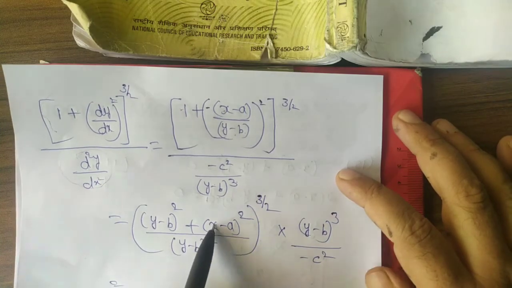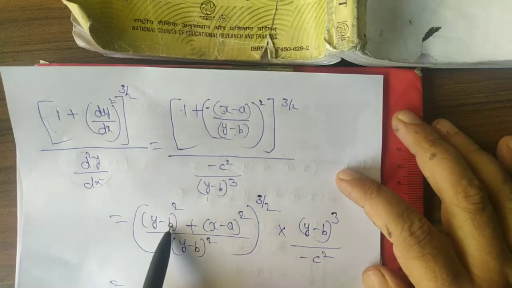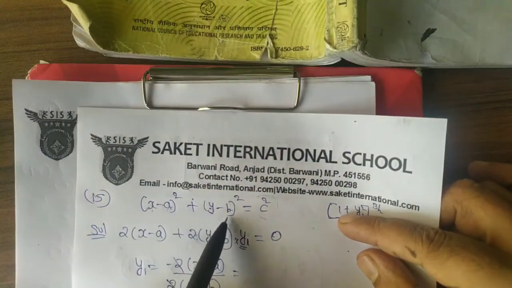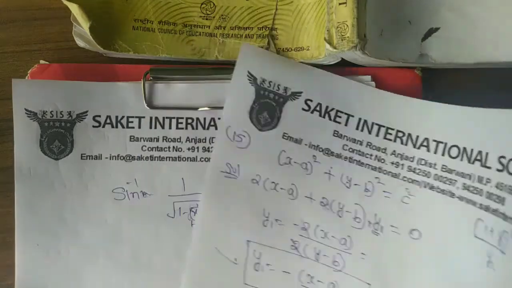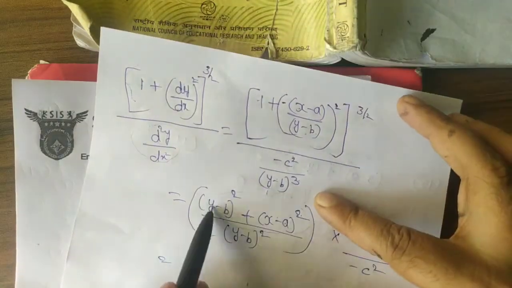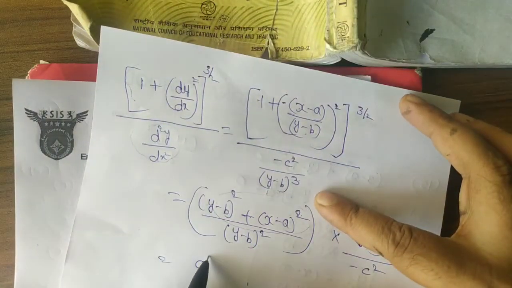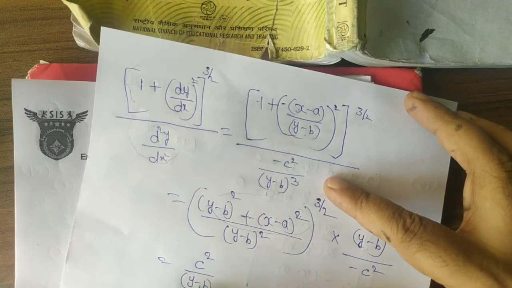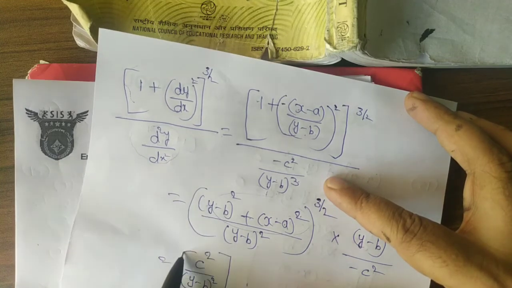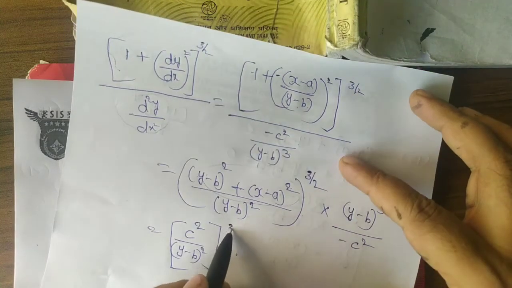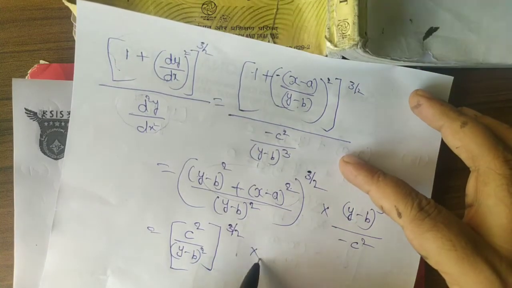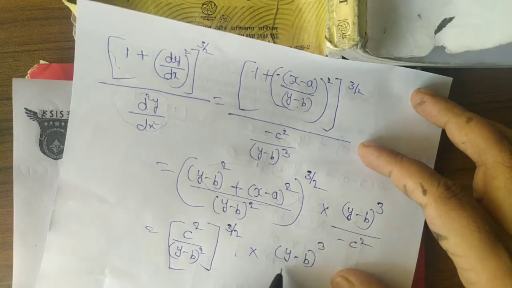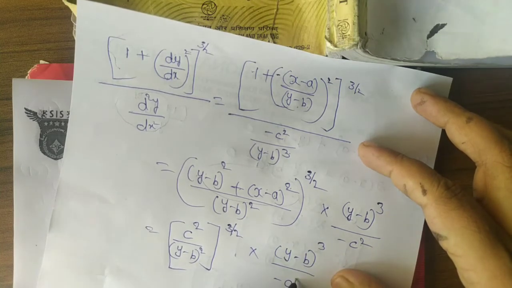Now again see here, (x minus a) whole square plus (y minus b) whole square is c square. So I will replace this numerator term by c square, then (y minus b) whole square to the power 3 upon 2 into (y minus b) whole cube upon minus c square.